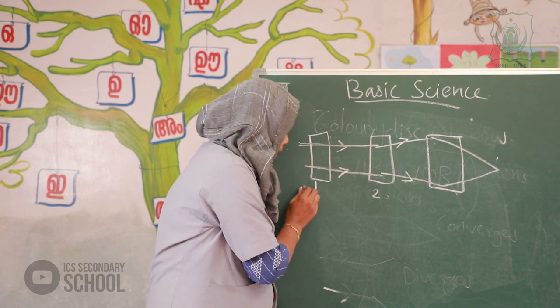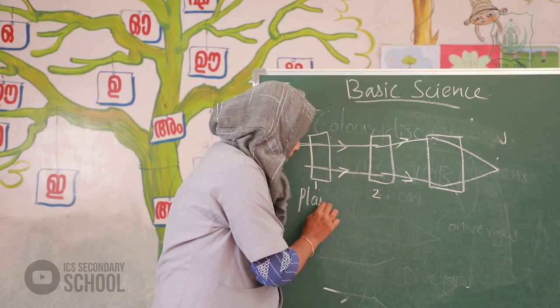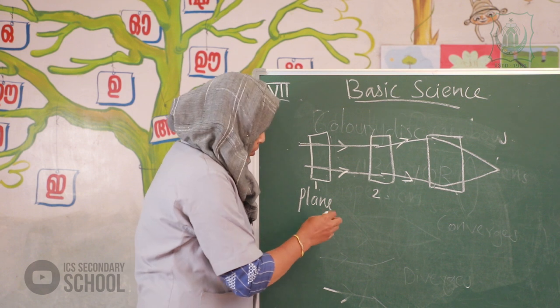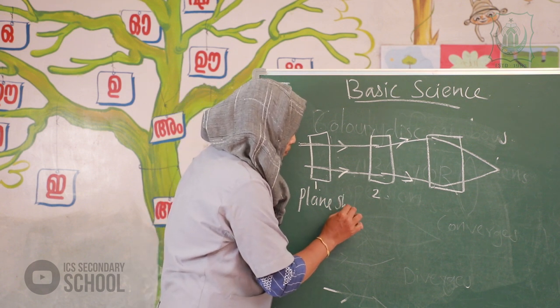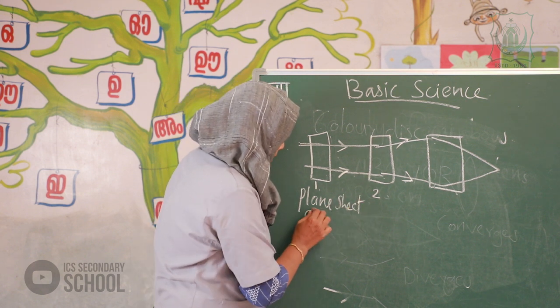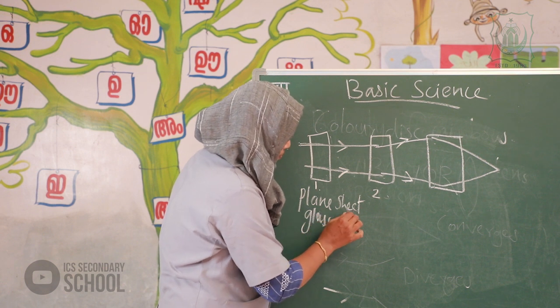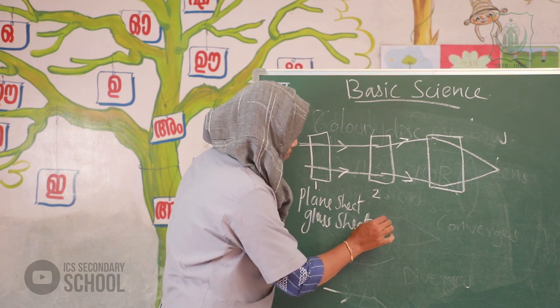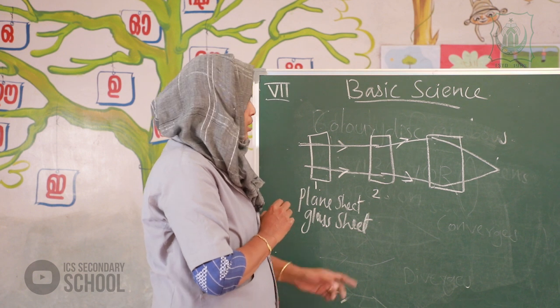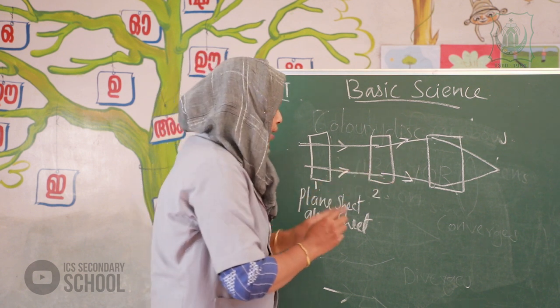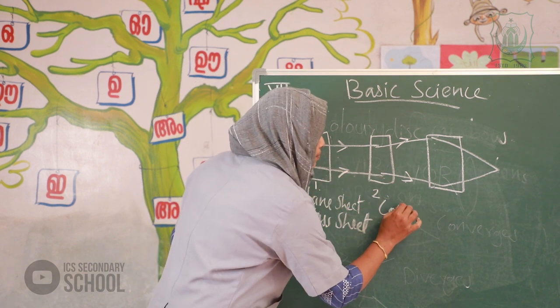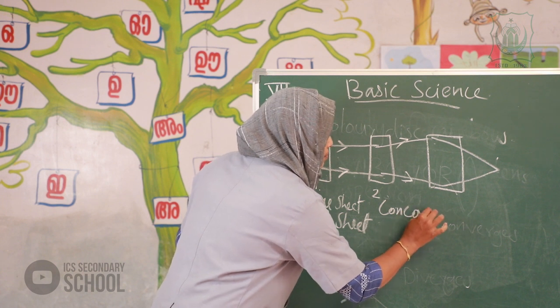So this is a glass sheet, and this is a concave lens.